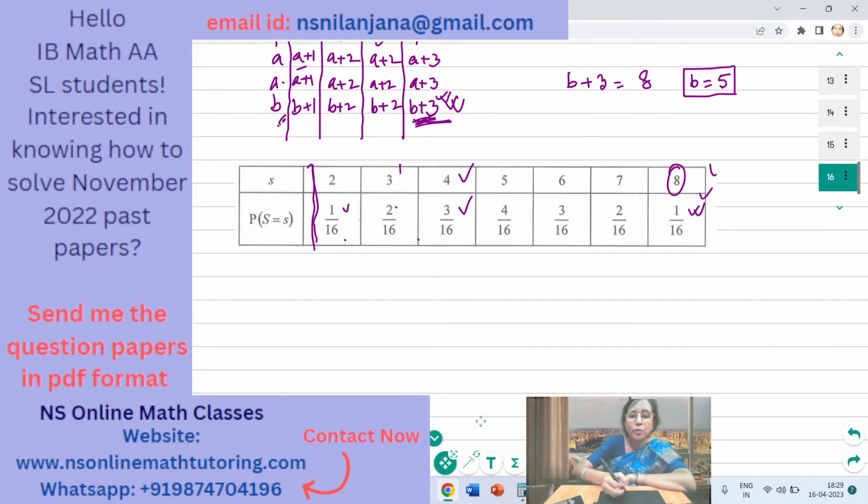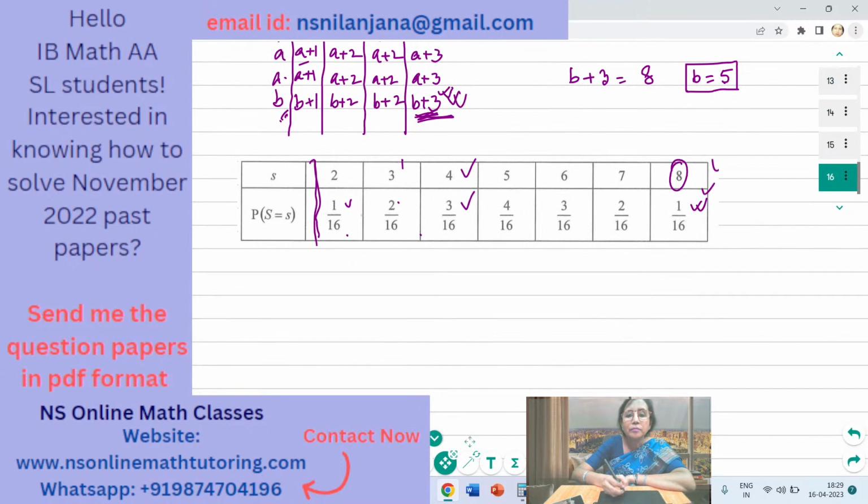Now A is, this is subpart E. A is less than B, they have said. Therefore, A should be less than 5. And A and B are positive.